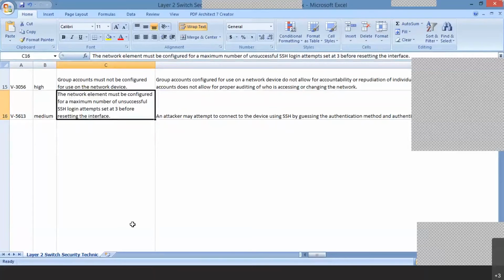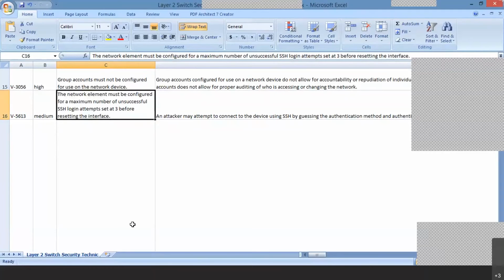That means brute force attacks are possible if your network device is connected to the internet, for example a perimeter level device or a critical security device at the perimeter. There are attacks possible on SSH, brute forcing passwords, where an attacker can try a number of times.